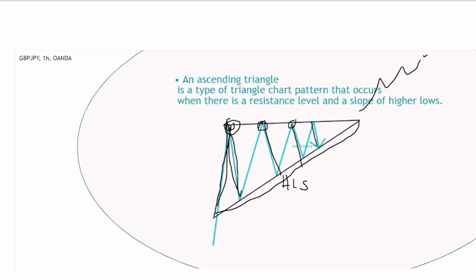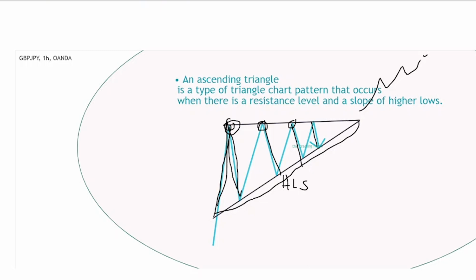Now, how can we trade this chart pattern? How can we take opportunities to buy or sell on this chart pattern? First and foremost, you have to know that this chart pattern is not just a reversal or a continuation pattern, so you can wait for the break from any area.